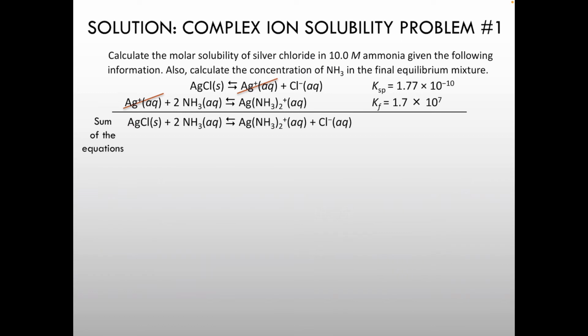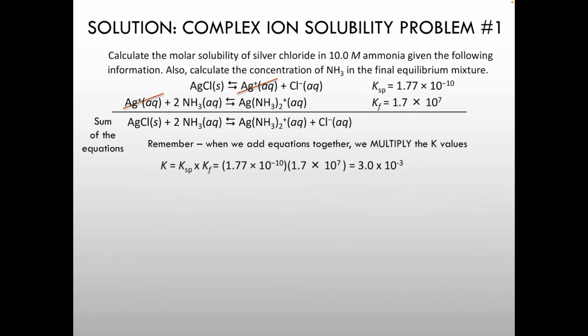If you'll recall from when we first started equilibrium, when we add together reactions, we don't add the K values, we multiply the K values. So we're going to multiply Ksp and Kf, and that will get us our new K value, which we're just going to call K at this point, for this reaction.